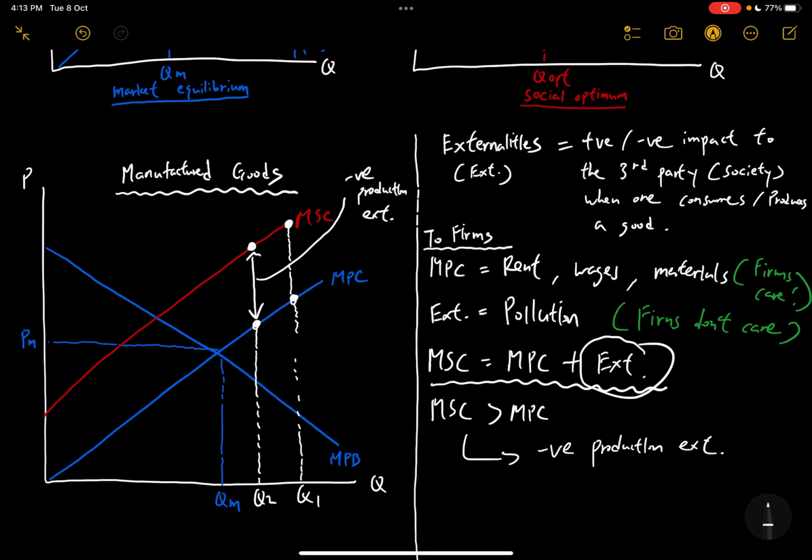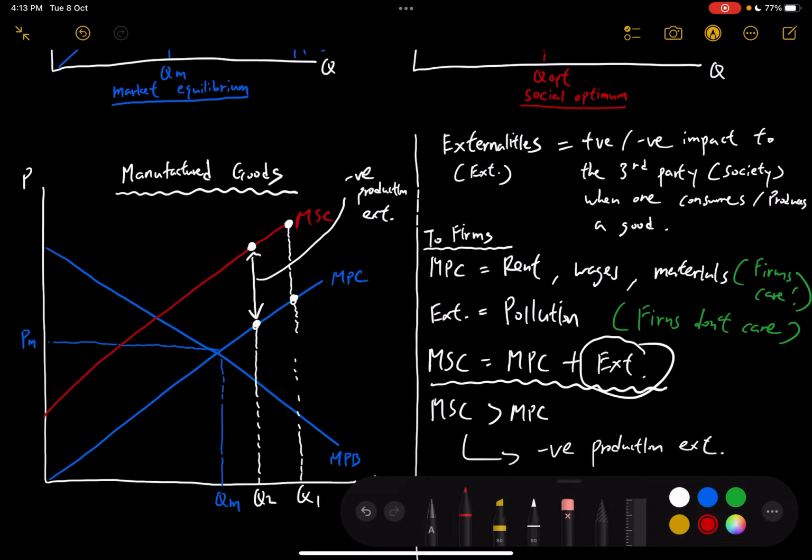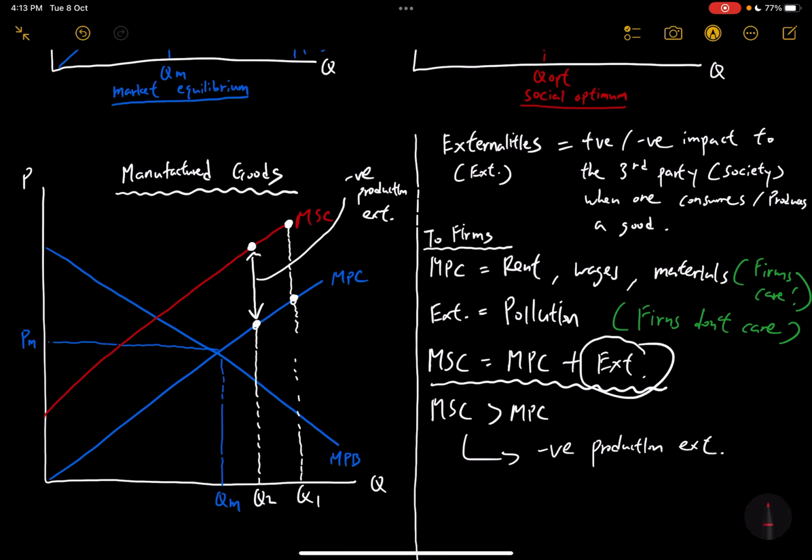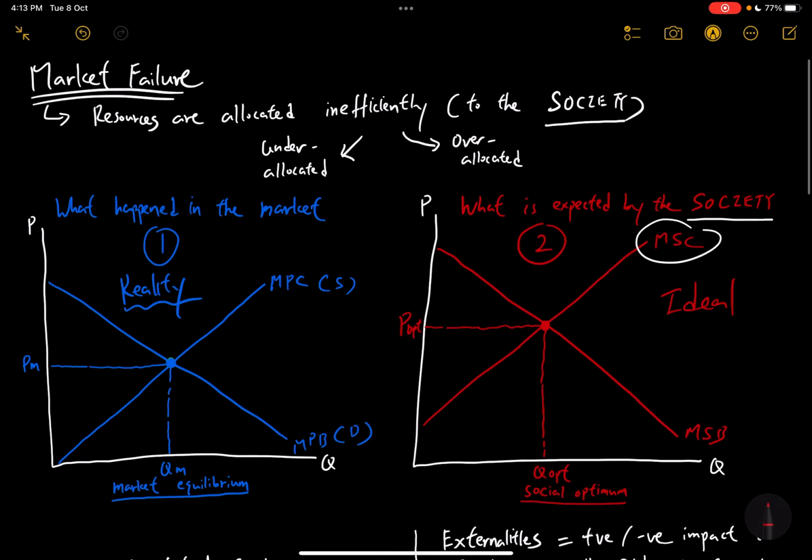From now on, let's also assume this case here: we only know something happened to production, and therefore when they're making their goods, we're able to see that there is a negative production externality, and we don't see anything about the demand side yet. So let's just assume nothing happened to the demand side. For the MSB, which is from the society perspective, the demand for society, it should be the same as what happened in reality.